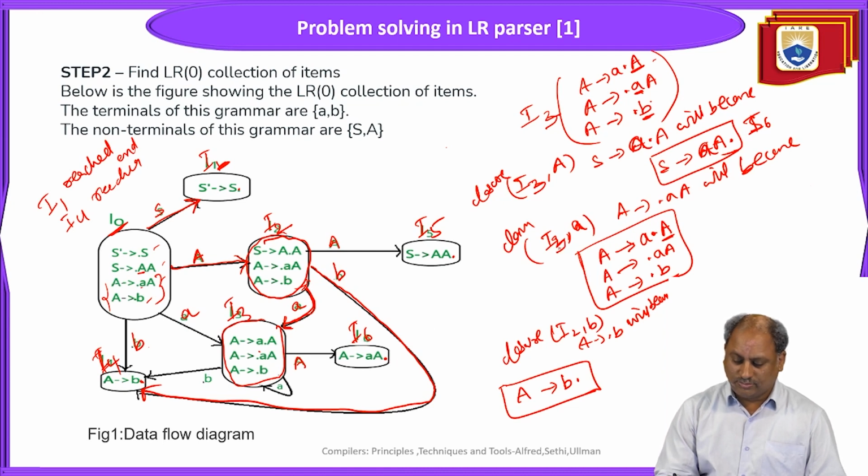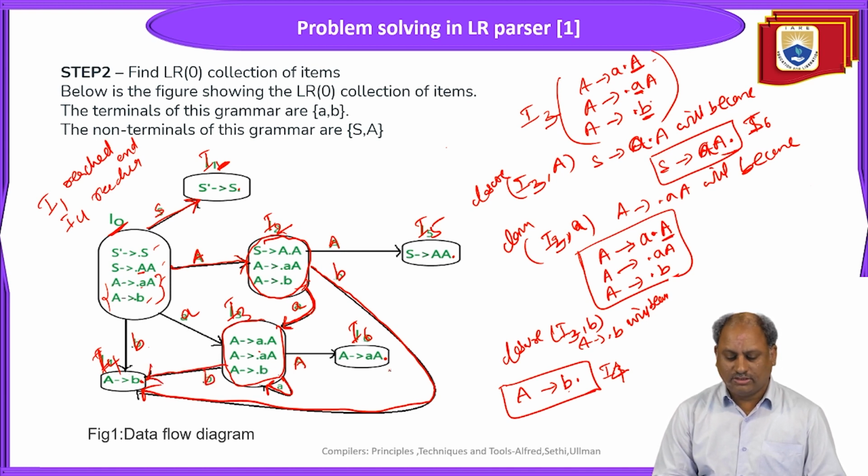Whereas I3 with small a: A derives small a dot A, the same. This becomes the same state because the productions we get are the same as in I3, so we make a self transition. Whereas I3 comma b gives I4, the same result as I4, so we make the transition with b.